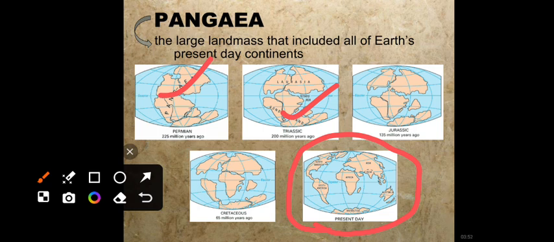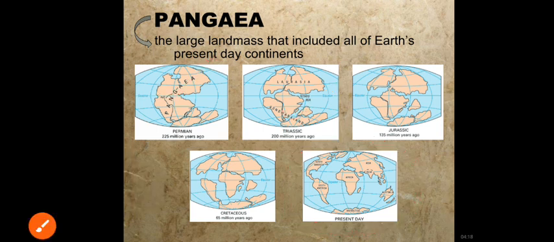This movement has continued, and now we have the present continents: North America, South America, Asia, Europe, Africa, Antarctica, and Oceania. All these were formed due to the breakup that Alfred Wegener described.